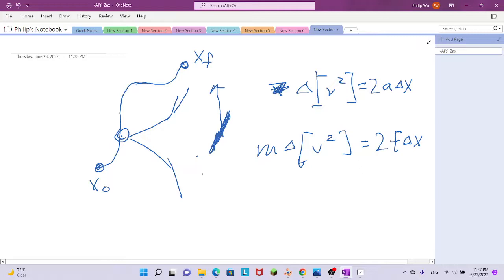If this sounds familiar, this is simply an integral. So as we let the displacement become arbitrarily small, we get m d v squared equals 2 F dx.